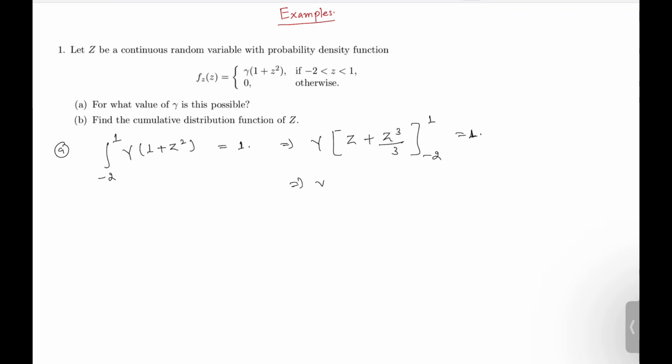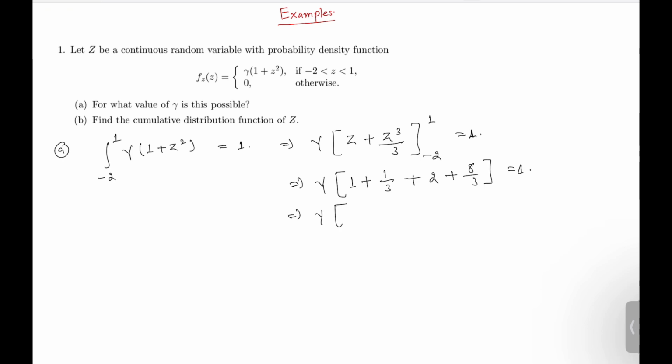Now we can simply put in the values, so that would be 1 plus 1 divided by 3 plus 2 plus 8 divided by 3, right? That would be equal to 1.